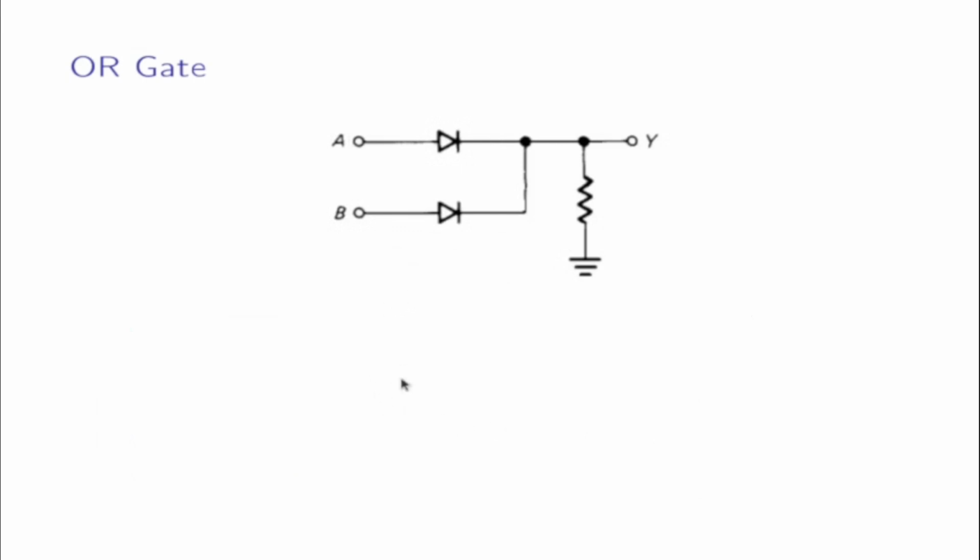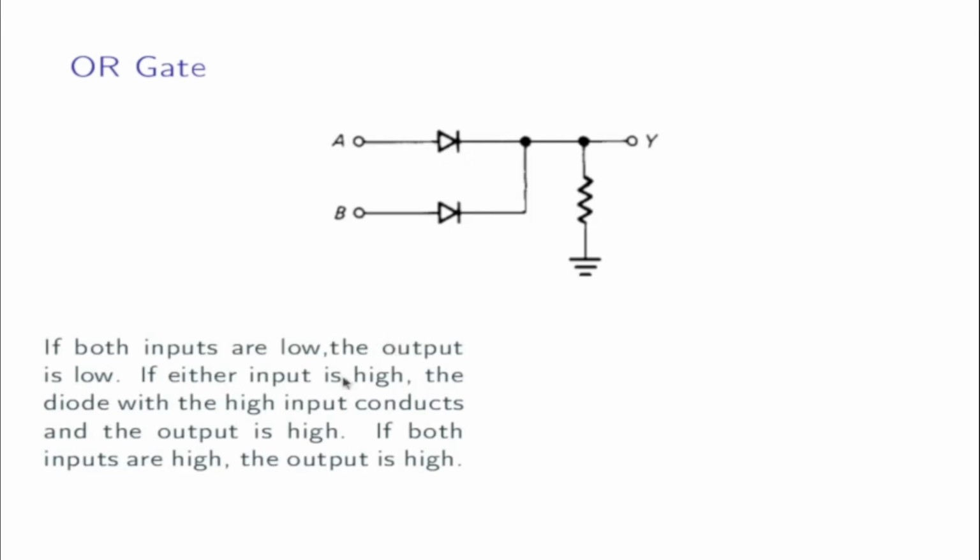The OR gate can be constructed using two diodes. Using this circuit, if both the inputs are low, that means A and B are low, the output is low. If either of the inputs is high, the diode conducts and the output is high. If both the inputs are high, there is also an output.